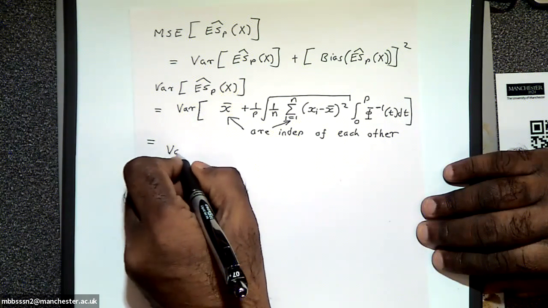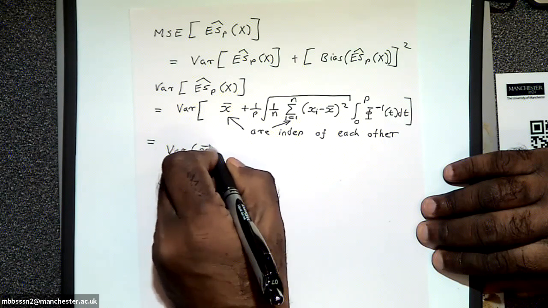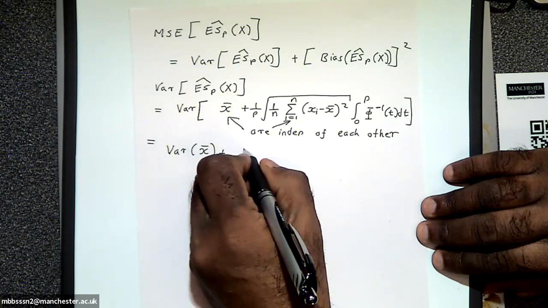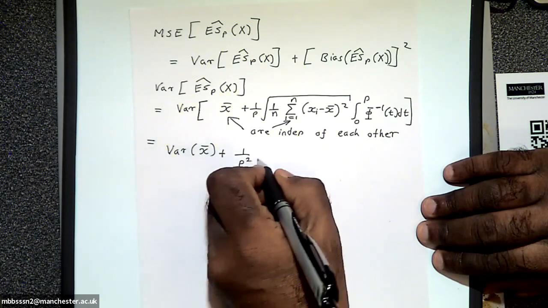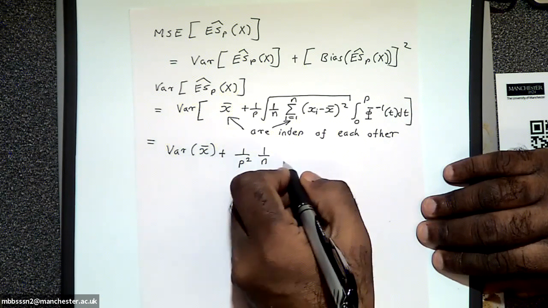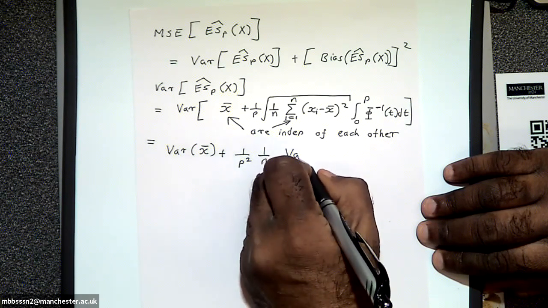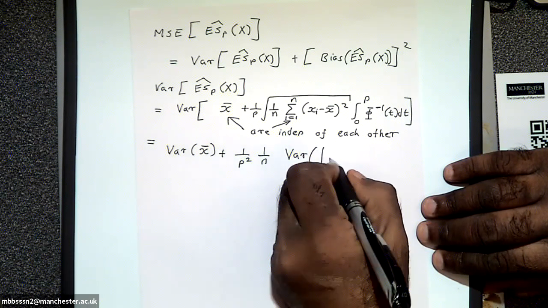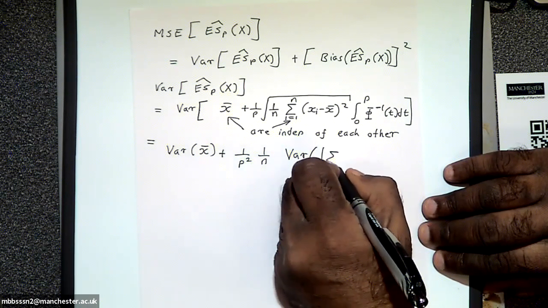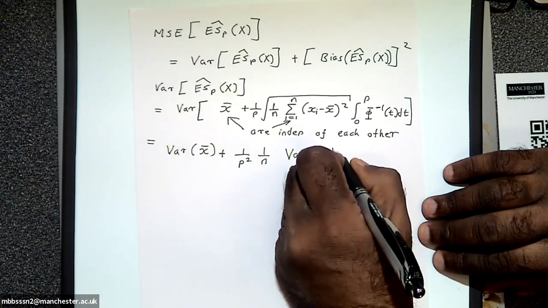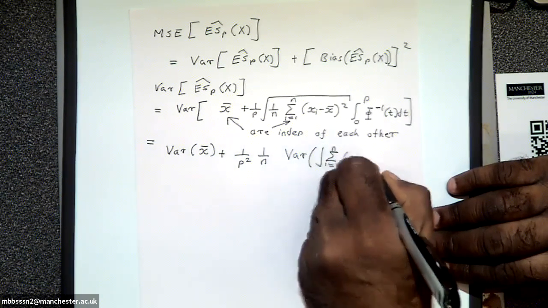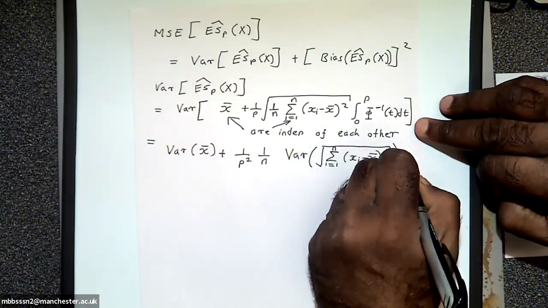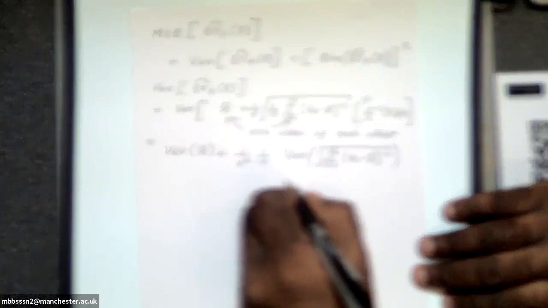You can write this as the variance of X bar plus 1 over p squared times 1 over n times the variance of the square root of the chi squared, right, times the square of sigma.